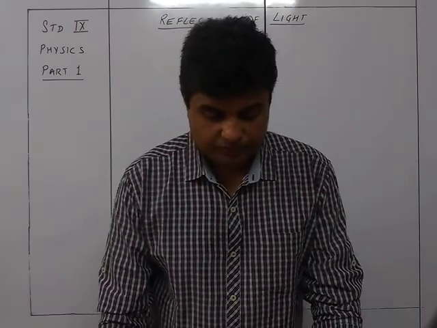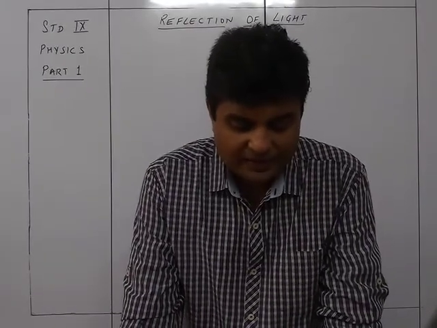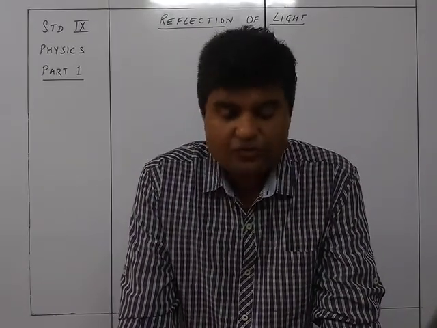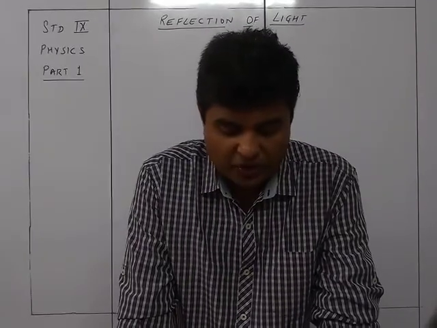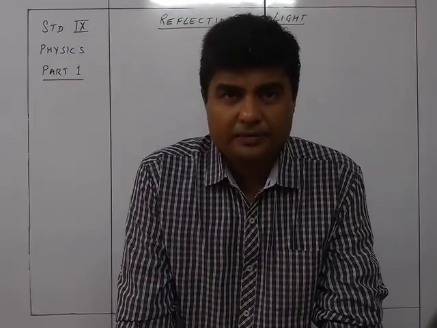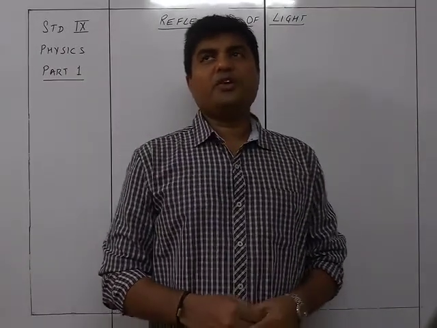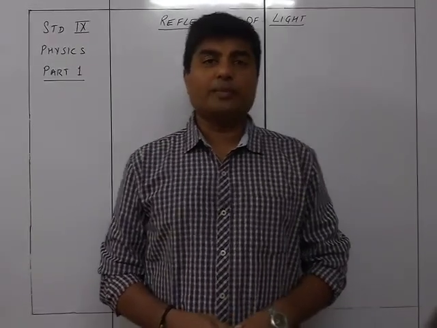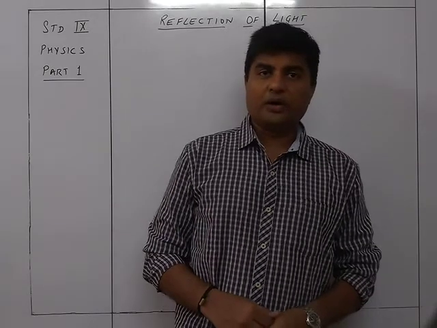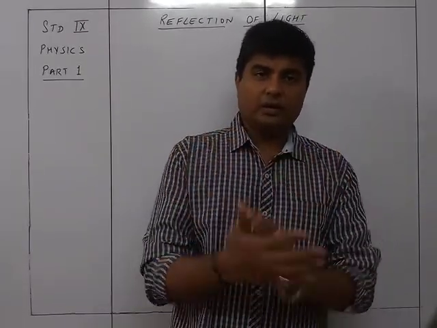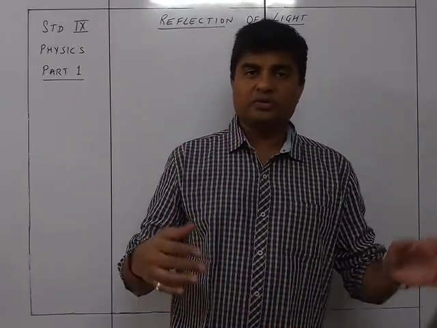See, so first part A is laws of reflection and formation of image by a plane mirror. Now, first of all, let's understand why we see some object. For example, I am able to see the wall, I am able to see the board.